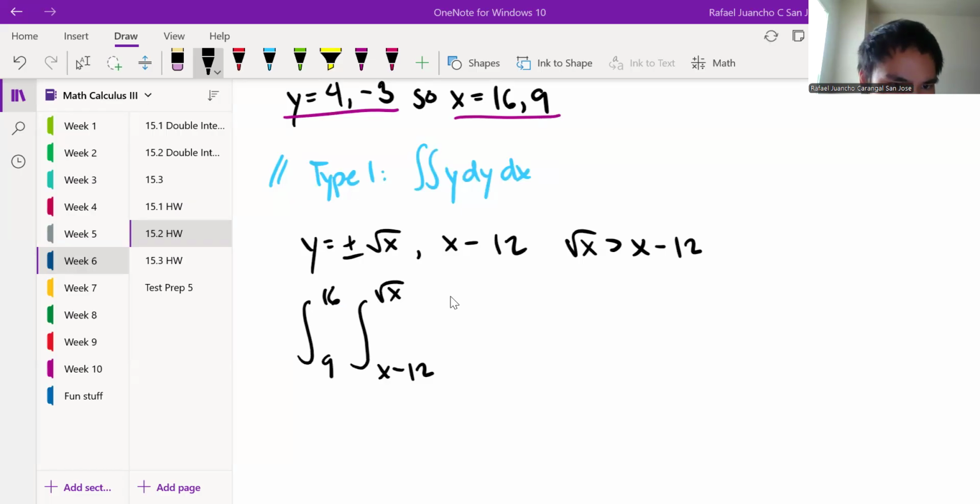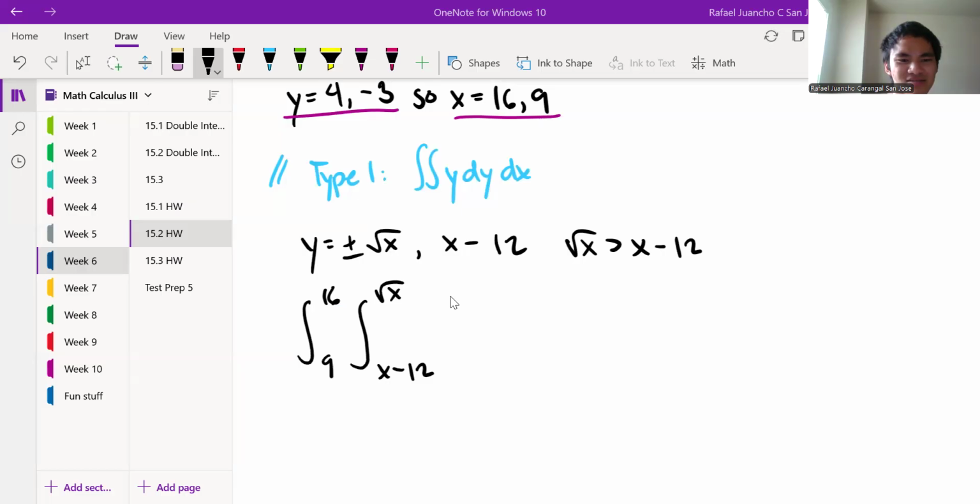Wait, let me work back, see what I did. What in the world are my points here? Oh, so if I plug in, this is 1, then this is 4. 1 and 4.